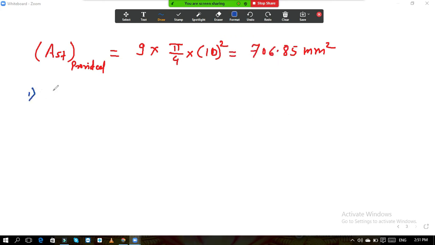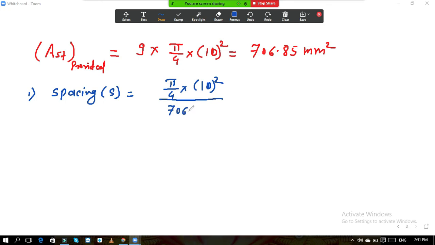For the first case, spacing is equal to area of single bar divided by AST provided, multiplied by 1000.